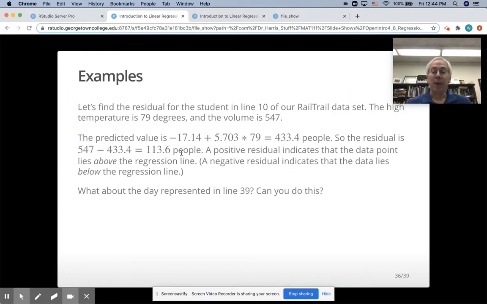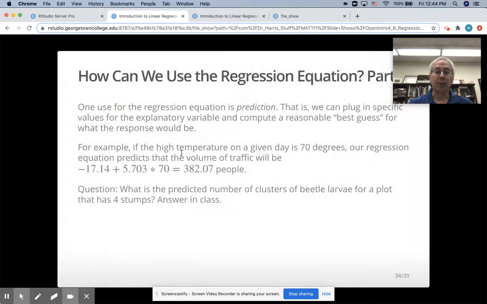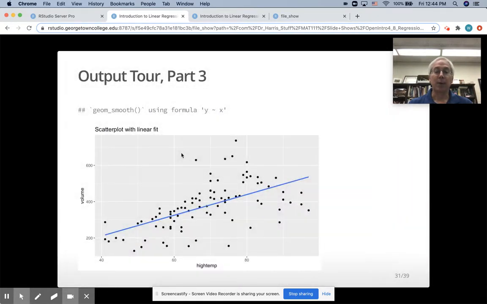So that day, there were over 113 more people than would be predicted by the regression equation. Just a note here, a positive residual indicates the point lies above the regression line. A negative residual would indicate that the point lies below the regression line. Let's see if we can find this point on our scatter plot. So I'm going to go back here. Temperature is 79, so we're over here. 547 looks like it's probably this one right here.